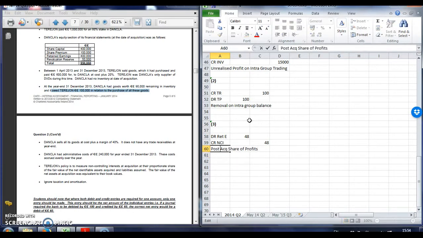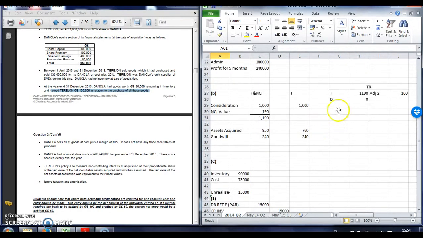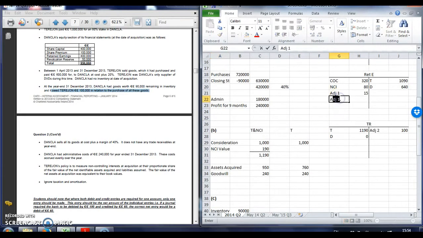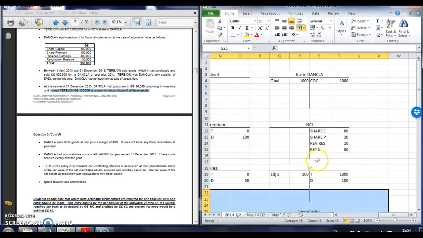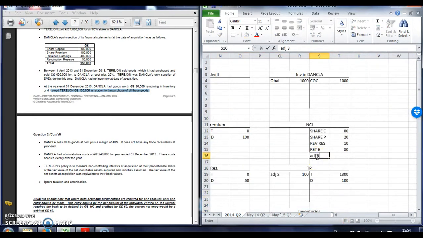So we call that NCI post-acquisition share of profits. So that's adjustment 3. It's 48, and we go to the NCI, adjustment 3, 48. Okay.